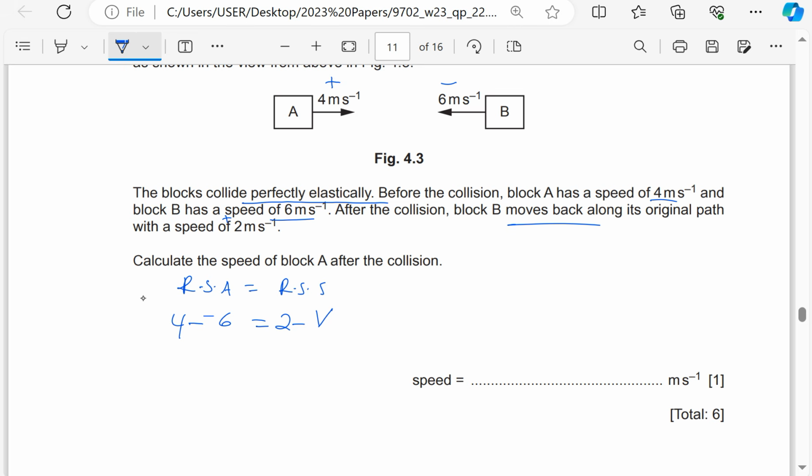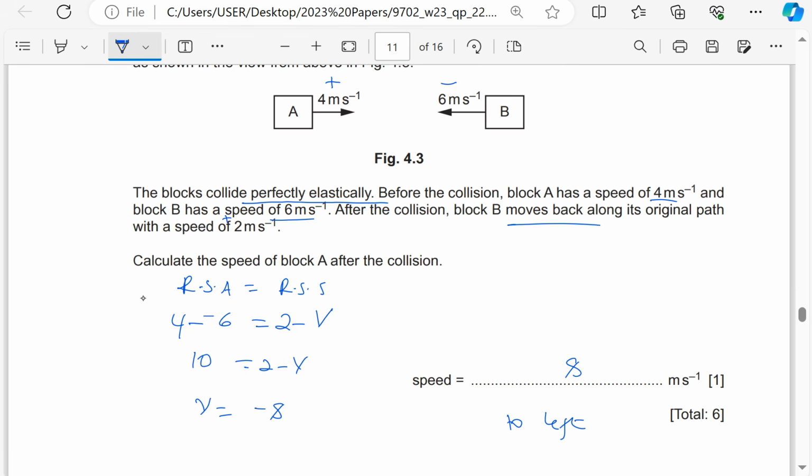Okay, so when you simplify this, this is going to be 10 equaling 2 minus V. So this means V is going to be equal to negative 8. So it means the speed of A after collision is going to be 8 meters per second, but this one will be to the left.